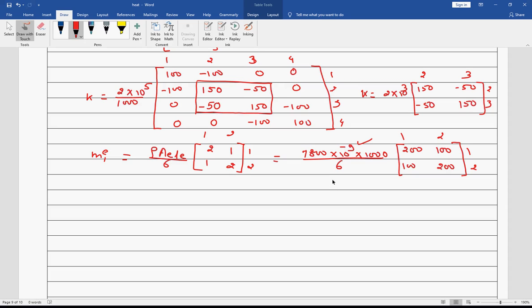This is my calculator, I will put it here. So 78 by 6 is 13. Great.